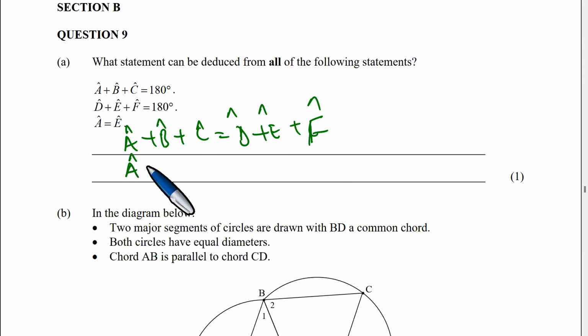Which means that wherever there is A and E, you can substitute. Wherever there is E, you can put A or vice versa.